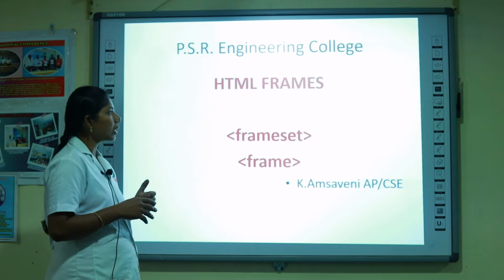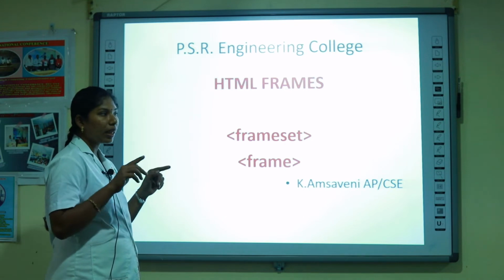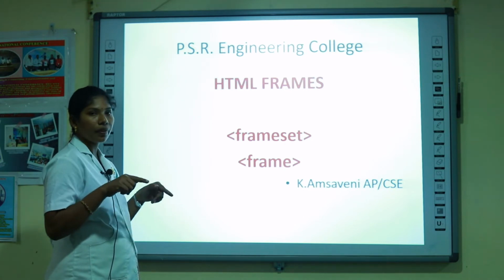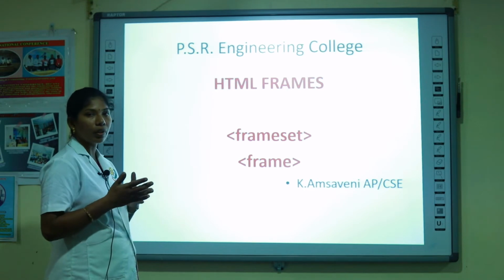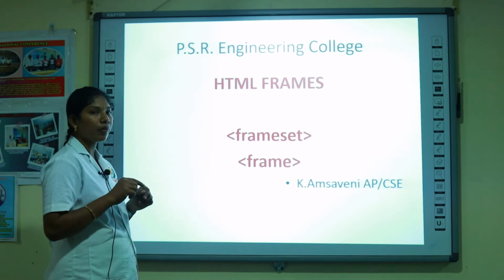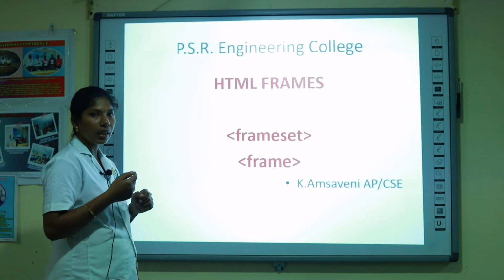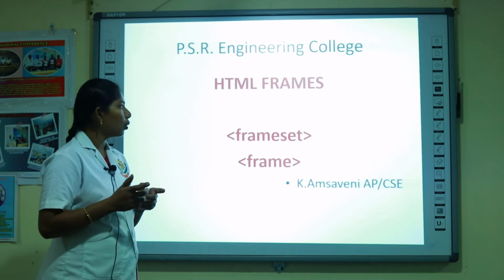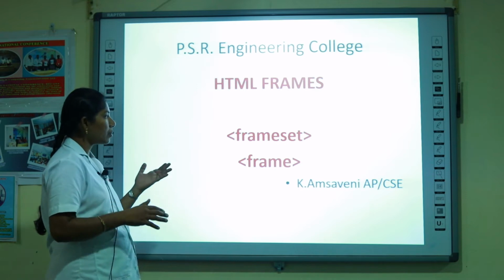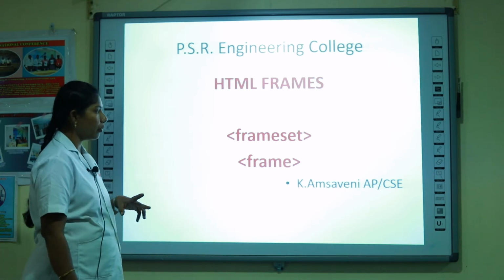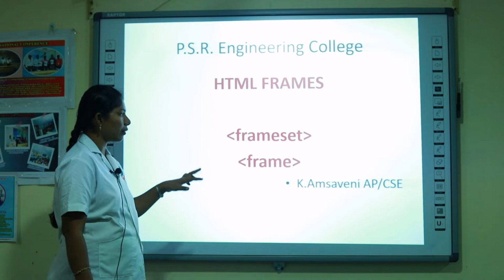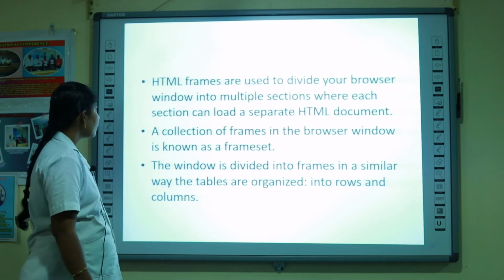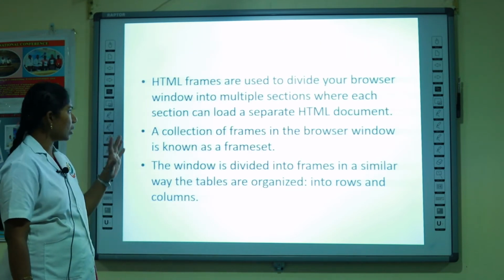So frames means we are going to divide that output window, the browser window, into many frames, that is many windows. Each window will act as an individual HTML page, that is a separate web page. For creating frames, we need two tags, that is frameset and frame. Okay, next slide.